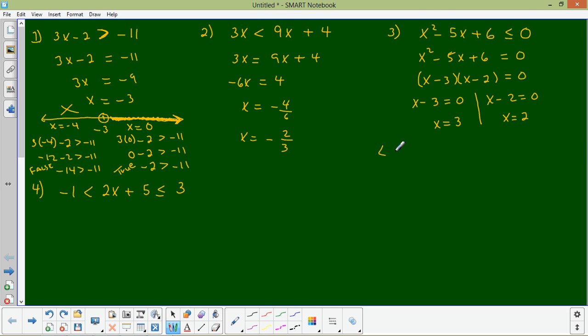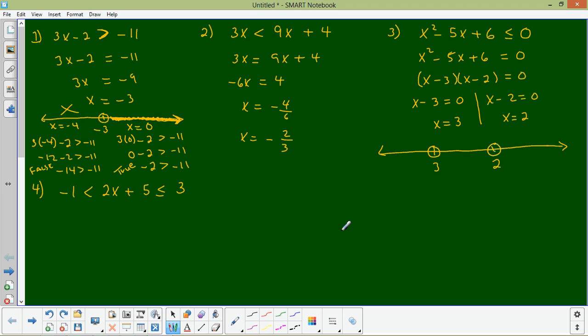Now, if you use the number line, here's a number 1 pitfall on this if you use this technique, right? x equals 3, x equals 2. See this happen all the time. Students load up their number line like this, the 3 and the 2.